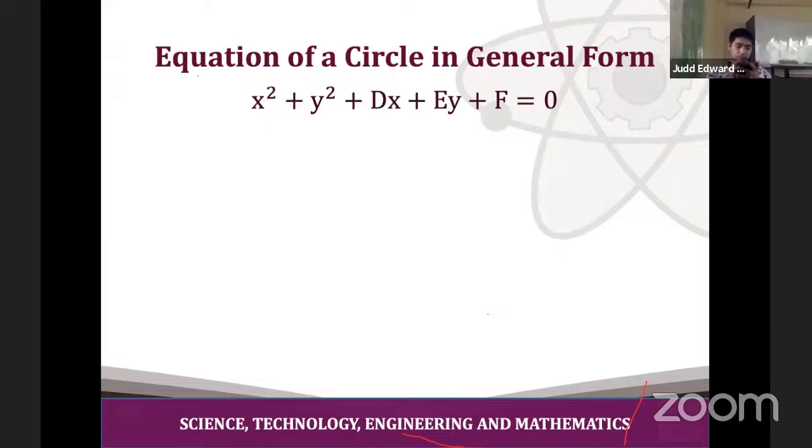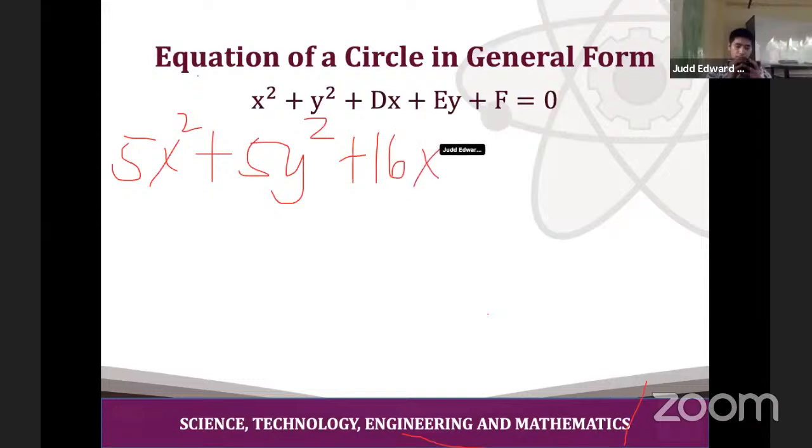Okay, sir, paano kunwari nagkaroon naman ako ng ganitong equation? What if I have 5x squared plus 5y squared plus 16x minus 7y is equal to negative 100. Sir, is this still considered a circle in general form? Sa tingin nyo, is this considered a circle in general form? Yes or no?